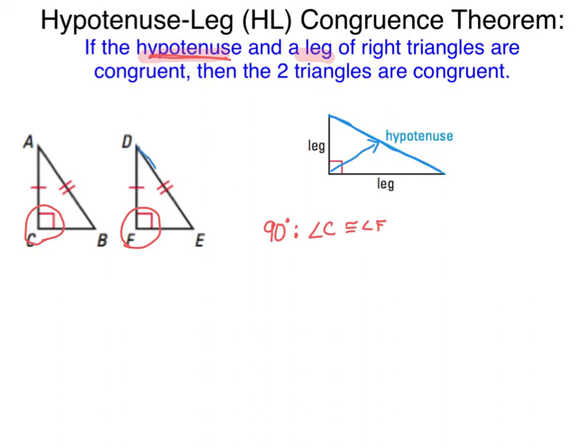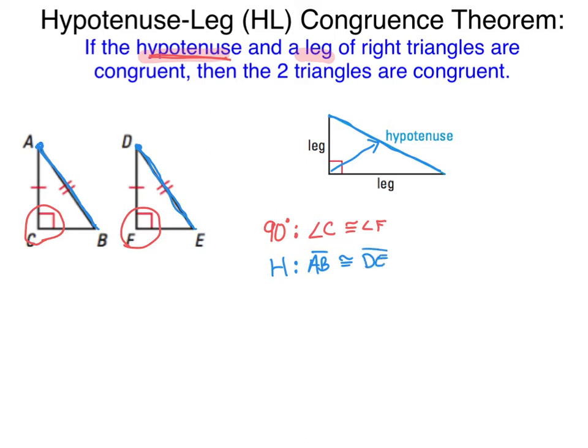So in this case, DE is the hypotenuse and AB is the hypotenuse. So I could say hypotenuse, and I'm going to go with segment AB. I started on the top and went down, is congruent to, then I'd start on the top and go down. So I'd say DE.